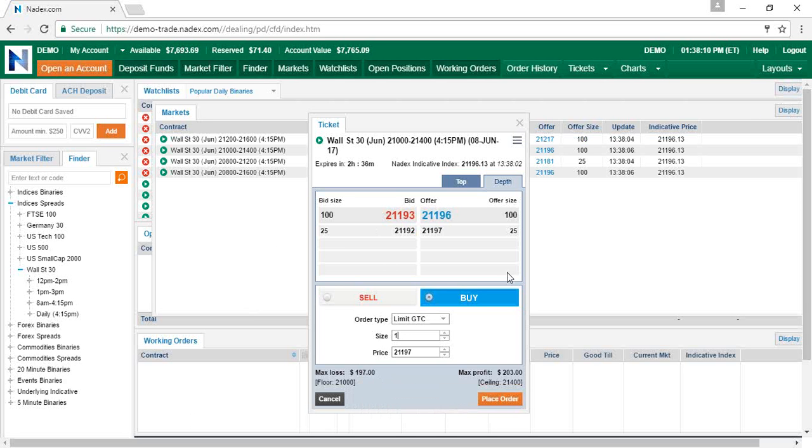The market goes down against me 25 points. How much is it per point with a spread? It's $1 a point. So it went against me 25 points and I get out. So I only lost $25 on this spread as well, right?